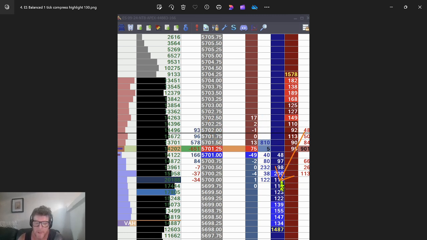Price has moved up. There's an 810 print right here. There's 900 buyers just hit the offer. Which way is price going to go? It's just on a very small scale. You notice the momentum tails. There's two ticks to this momentum tail, which is the buyers, and one tick over here, which is the sellers.